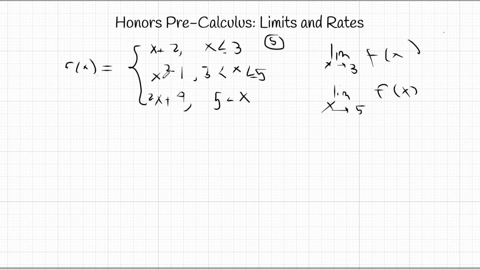Now, let's plug in 3 over here. 3 squared is 9. 9 minus 1 is 8. The left and right-hand limits are not equal, which means that the limit of this function is DNE, which stands for does not exist.